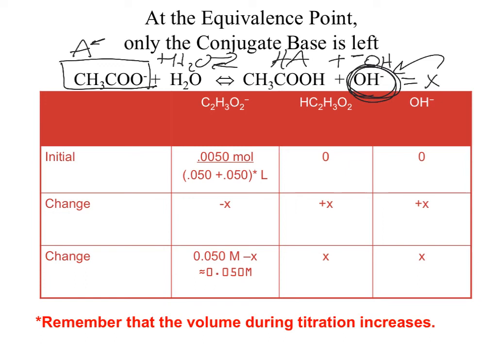There's reaction stoichiometry going on and you need moles. All right, so what is our original initial concentration of the conjugate base? Well, we have 0.005 moles, however many moles you had of the original weak acid.